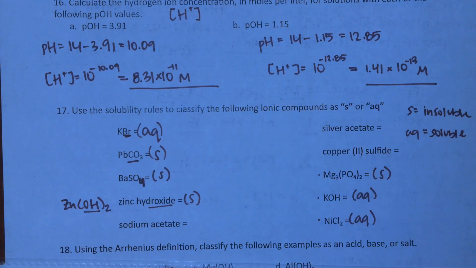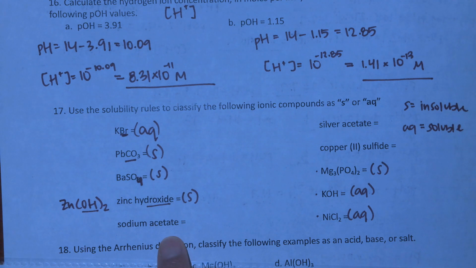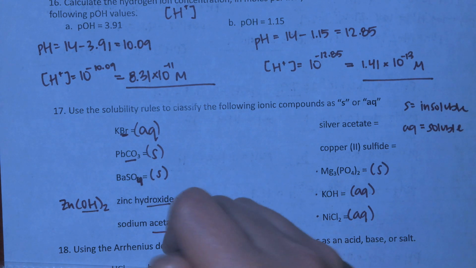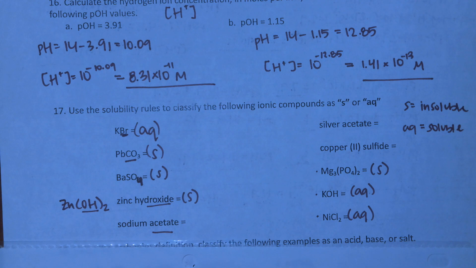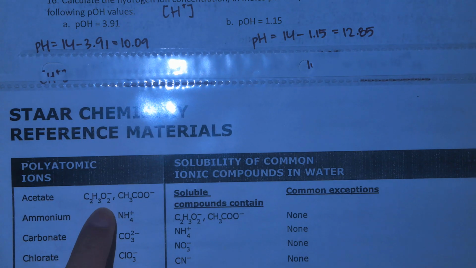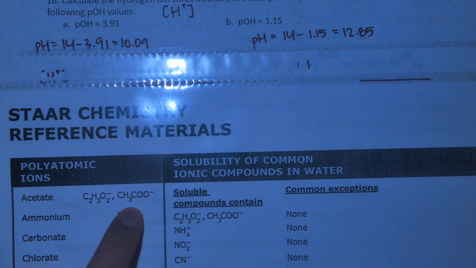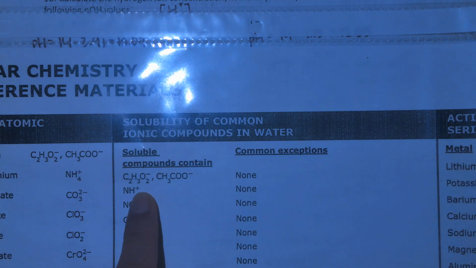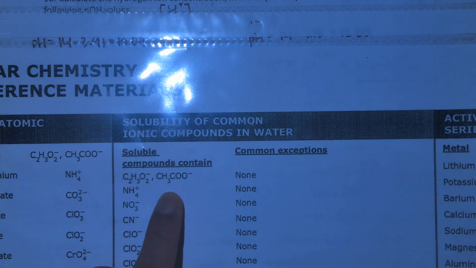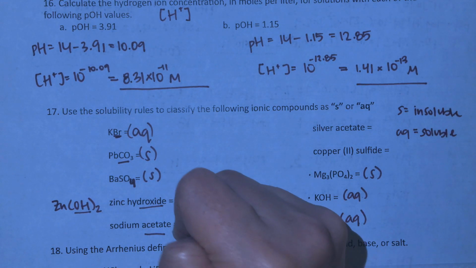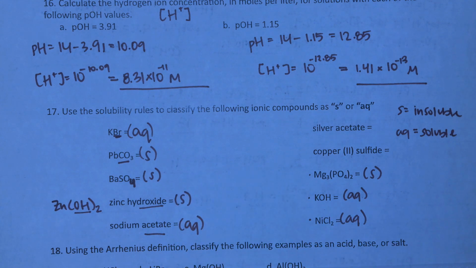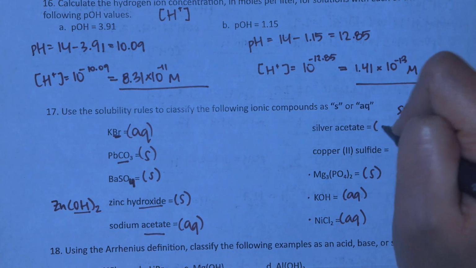So solid for that. Alright, sodium acetate. So acetate is actually, if you look at your special list, acetate C2H3O2, which falls under here. It is soluble no matter what. So I love that. That makes things so much easier. AQ. Same thing with this one, acetate, AQ.